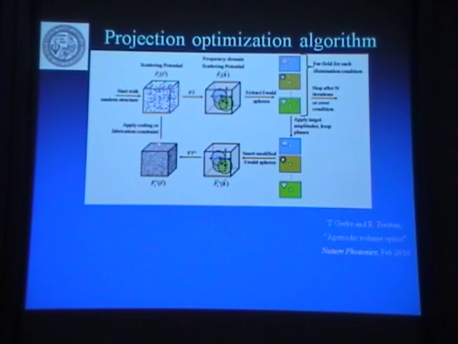So you now want to have a binary phase volume here, so you again impose this constraint, so you find the closest thing to this, but has binary phase, and then you iterate. Okay? So it's a projection, similar to Gerchberg-Saxton, but in 3 dimensions.